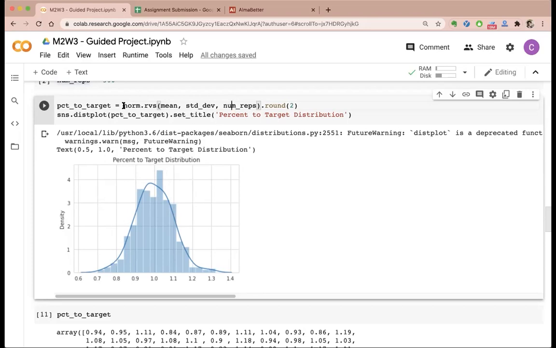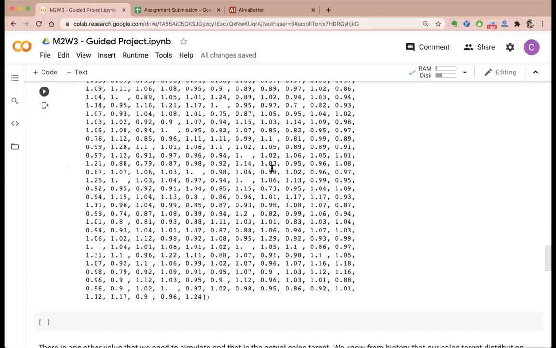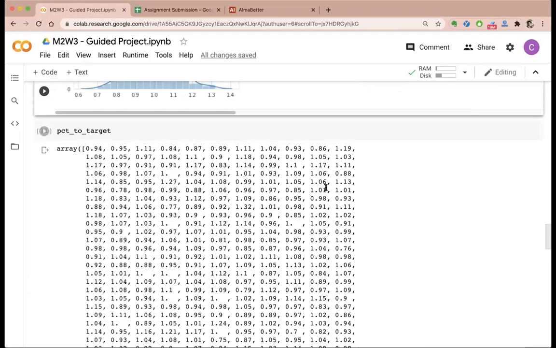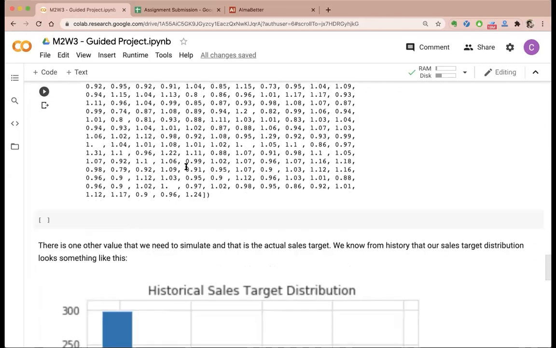No one is stopping this function from returning those sorts of numbers, but it's very unlikely that you will encounter them. That's it. So I have generated my 500 numbers corresponding to percentage to target. Now what is the next variable that I have now?